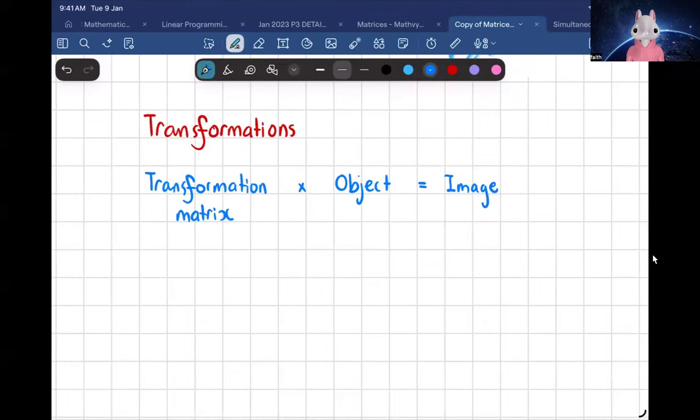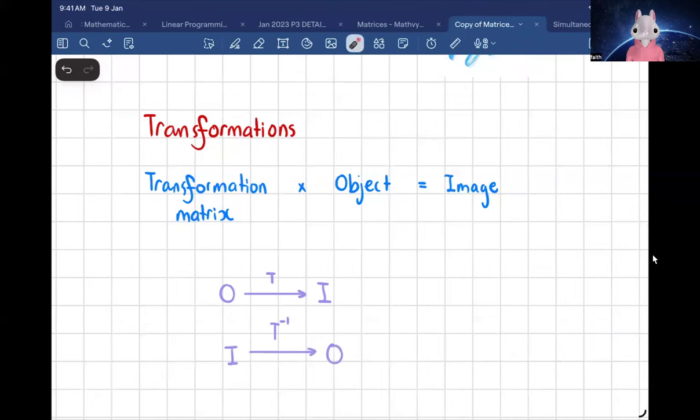The object is similar to functions, right? The object is mapped onto the image via the transformation matrix, T. So I have a question, guys. If T maps O onto I, what do you think T inverse would map? Take a guess. T inverse maps I onto O, it just does the opposite.